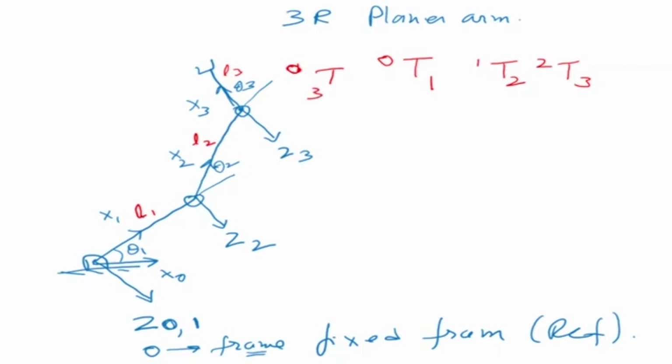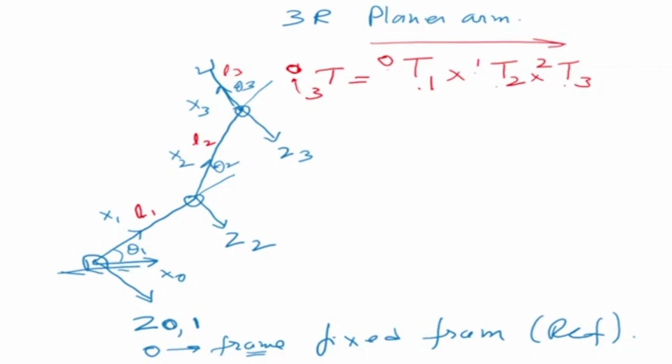Each of these T matrices gives me the relation between 2 axes: 1 with reference to 0, 2 with reference to 1, and 3 with reference to 2. If I multiply them in the forward direction, I get the relation between the third axis and the 0 axis. Please note there is no pre-multiplying here because these are homogeneous matrices, so we multiply only in the forward direction.